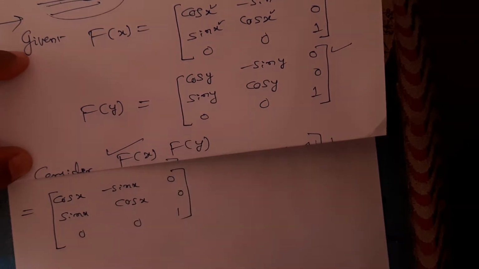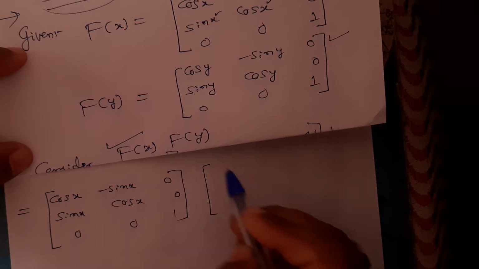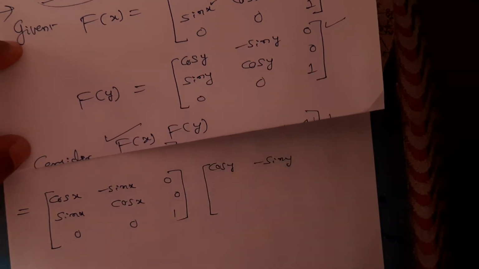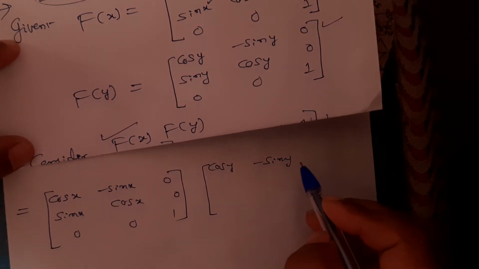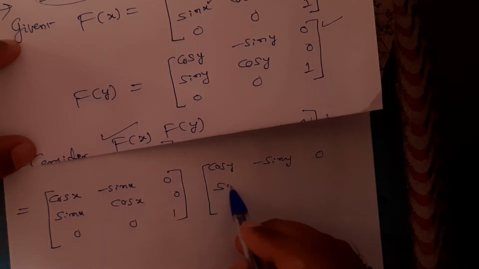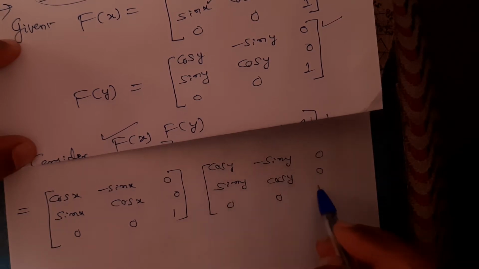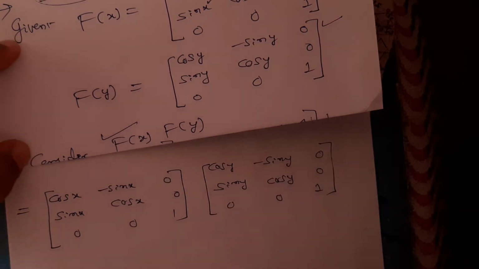So this is f of x. Then into f of y, which is cos y, minus sin y, 0, sin y, cos y, 0, 0 0 1. This is f of y.